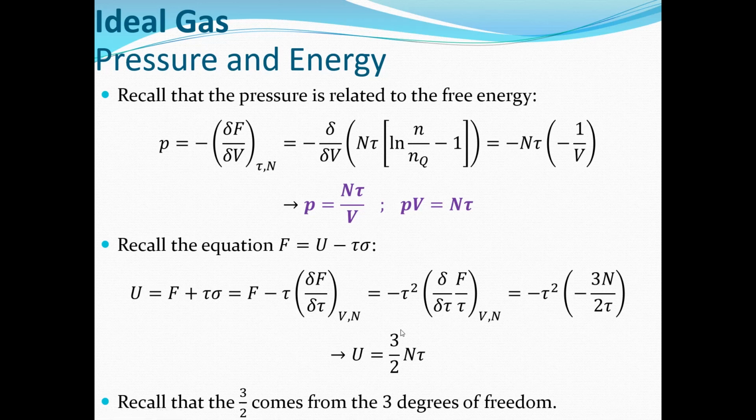In those cases, there are only 3 degrees of freedom available: translating in the x direction, the y direction, and the z direction. Later on, we're going to find that there are other degrees of freedom that could be available, such as vibrational and rotational, which will bring those degrees of freedom to 5 and 7 respectively.